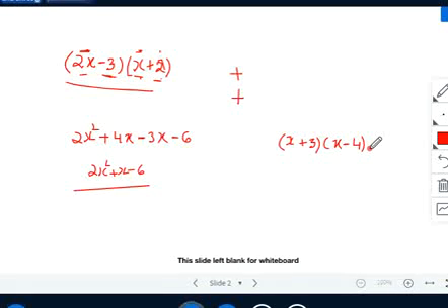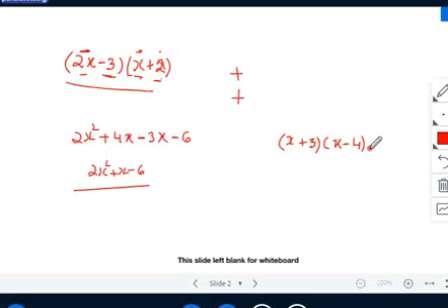Yes. Then plus 3x. Yes. Minus 12. Yes. Okay. So the final answer is x squared minus 4x plus 3x minus 12.